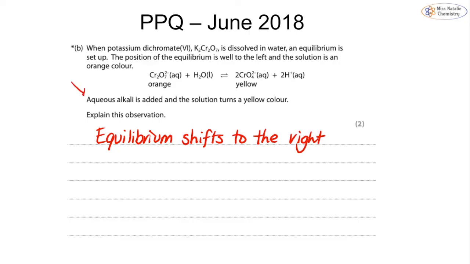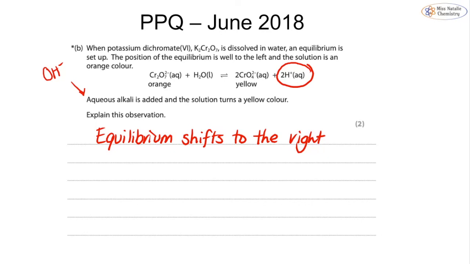So when we add in an aqueous alkali, what we're actually adding are OH minus ions. So we must be getting some sort of reaction with the OH minus. And when you look at the equation, you should automatically be drawn, I hope, to this term, your hydrogen ions. When hydrogen ions come into contact with hydroxide ions, they are going to react and they are going to form water.